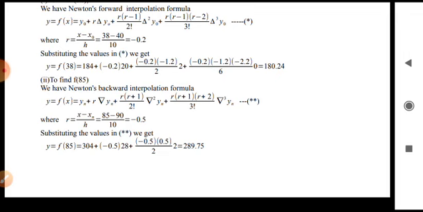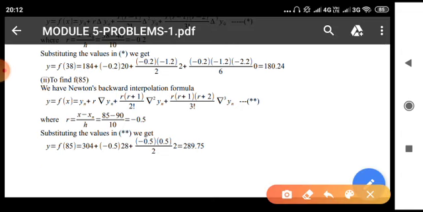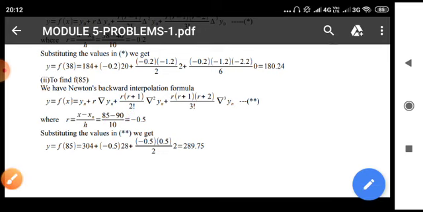Call this equation double star, where we again find r, which is given by x minus xn divided by h. X is the point at which the y value is required, which is 85. Xn is the last value of x, which is 90, divided by 10. So 85 minus 90 by 10, which comes out to be minus 0.5.